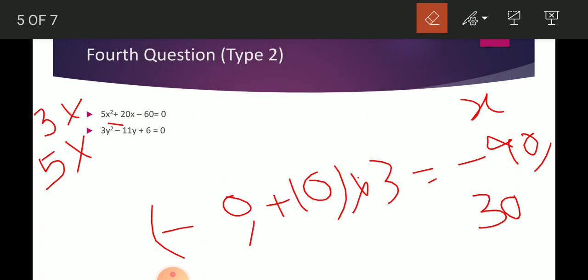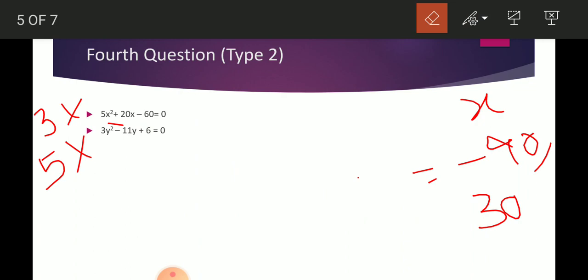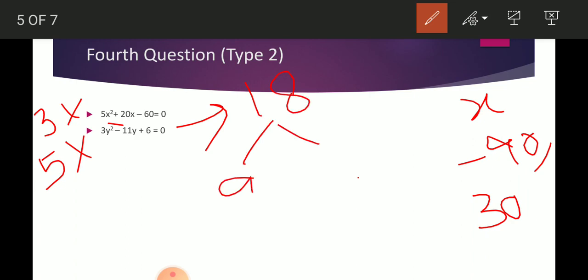Okay, now we have to find the y values. For that, in this case the product of these two will be 18. If we break it, we will get 9 and 12. Since the sign before 11 is negative, the sign before 9 will be positive.